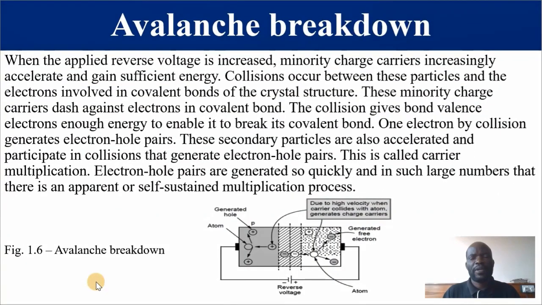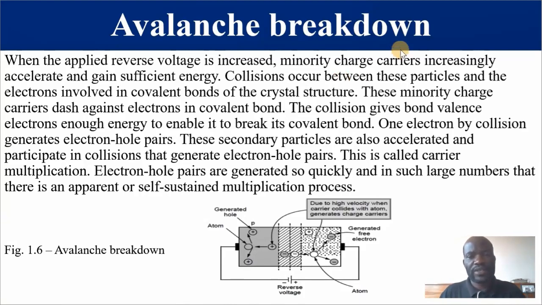Avalanche breakdown is another type of breakdown which occurs in diodes, and this is caused by an increase in the applied reverse voltage, and this causes the acceleration of minority charge carriers and causes them to gain sufficient energy.